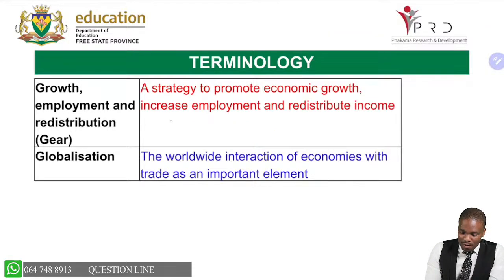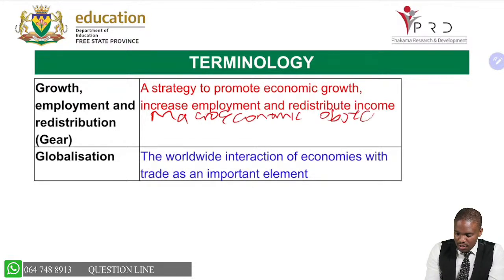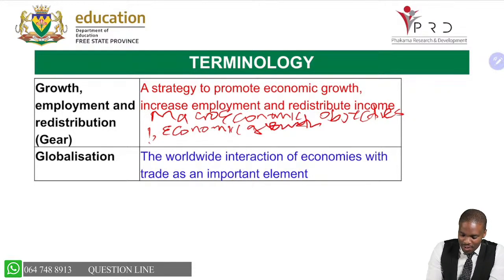The macroeconomic objectives, I just want to write here at the top so that I'm able to remind you. Macroeconomic objectives. You remember there are 5 of them. Number 1, it's economic growth. And number 2, I know you are saying that with me, is to achieve full employment.